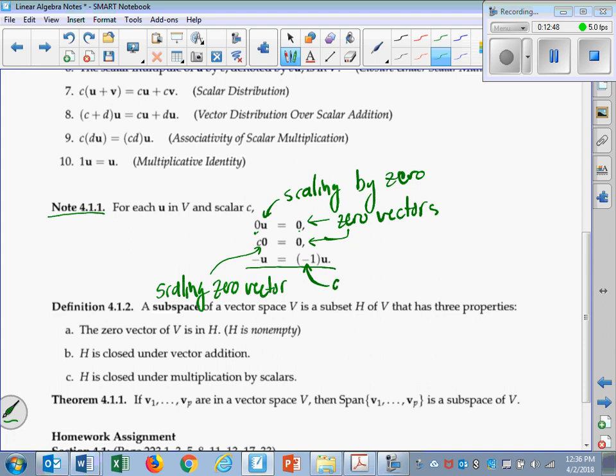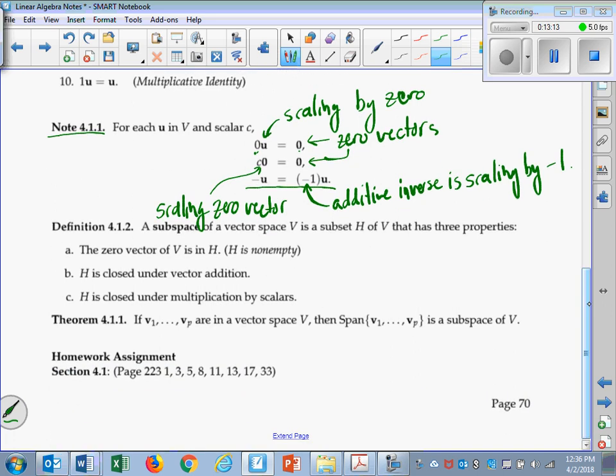So I'm going to say additive inverse is scaling by -1. Okay, so that's the same thing, and when I'm adding the additive inverse, it's really just subtraction, as we know it. But it's really an additive inverse, or scaling by -1.